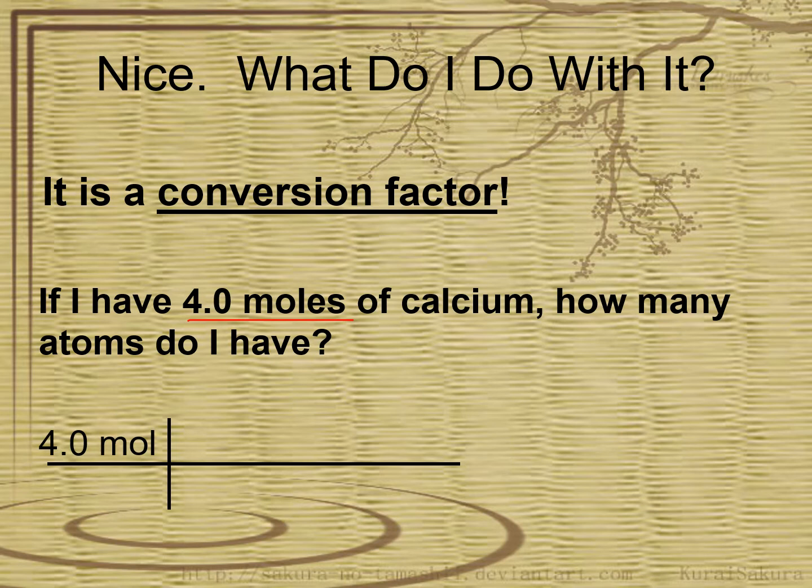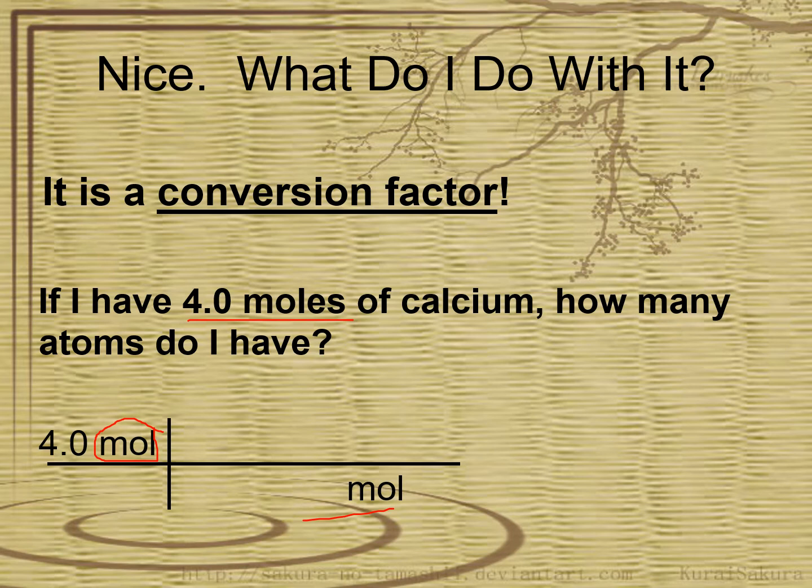And notice it has 2 significant figures, so our answer can only have 2 significant figures. Let the unit tell you what to do next. You're going to take this mole and we're going to put it down here so they cancel out. So we put mole on the bottom. Well, do we know a relationship between moles and atoms? Yes, we do. 1 mole equals 6.02 times 10 to the 23rd atoms.